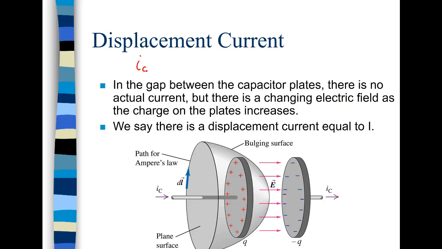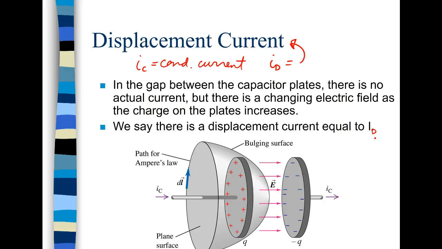Okay, so IC is the conductive current. We're going to say that there's such a thing as a displacement current. That's going to be ID. And here's why we need to have a displacement current.